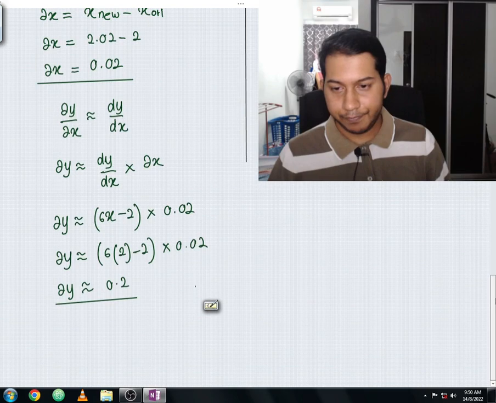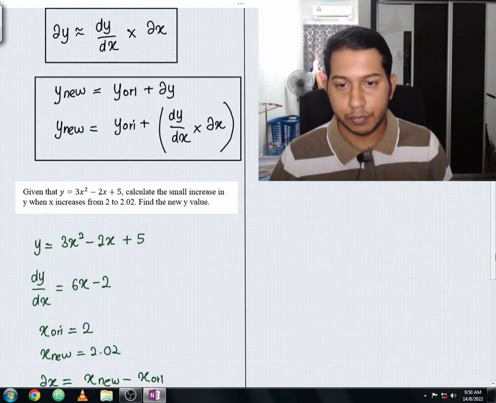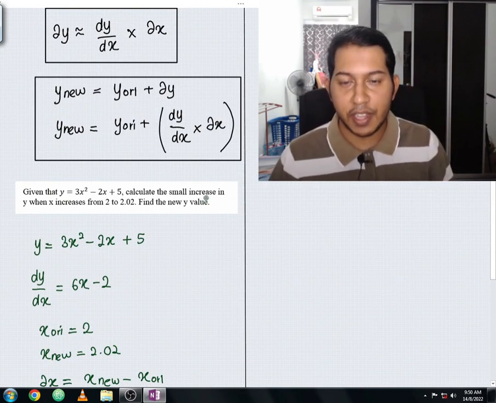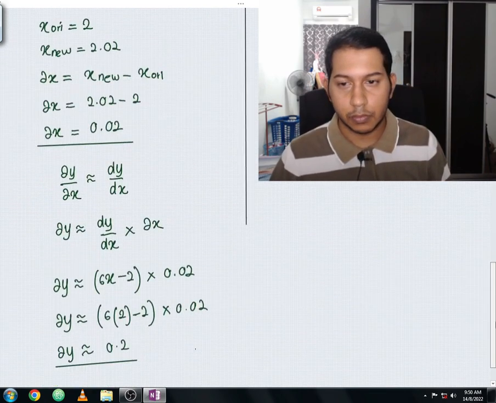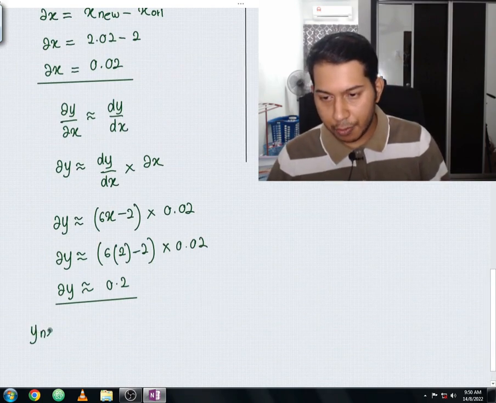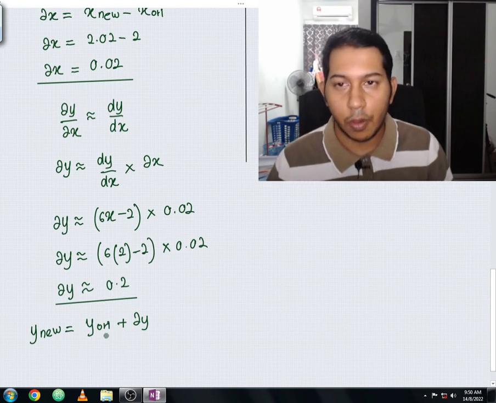Alright, so from here the question asks us to find the new y value. So in order to find the new y value, let us write the formula. Y new is equal to y original plus delta y. Have we found the original y value?